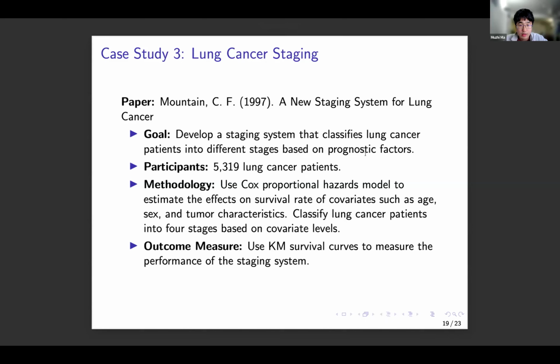The methodology is to use the Cox model to estimate the effects on survival rate of covariates such as age, sex, and tumor characteristics. And then we classify the lung cancer patients into 4 stages based on their covariate levels. And finally, we use KM survival curves to measure the performance of the staging system.